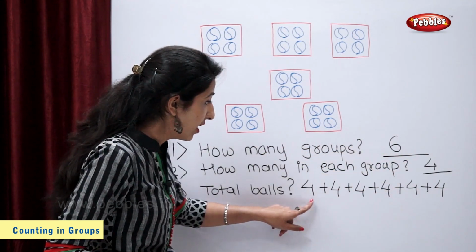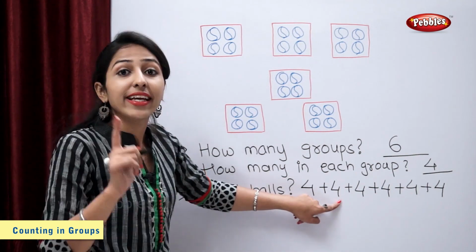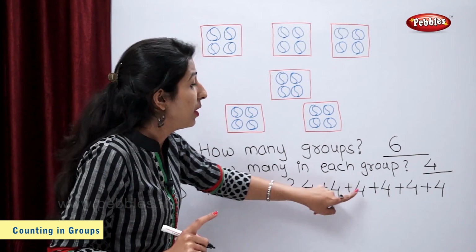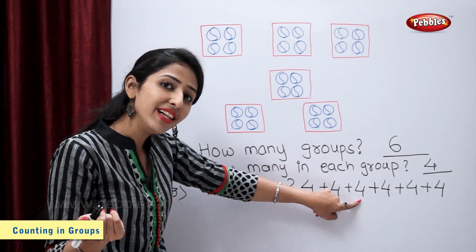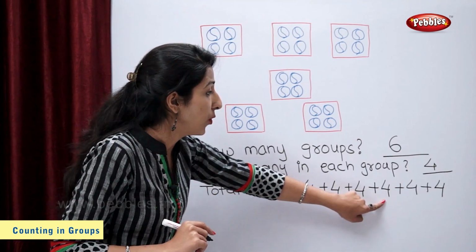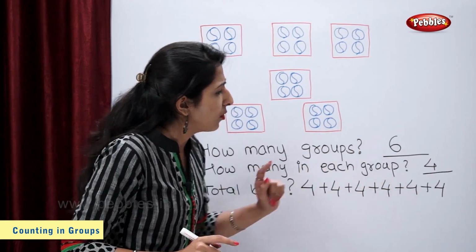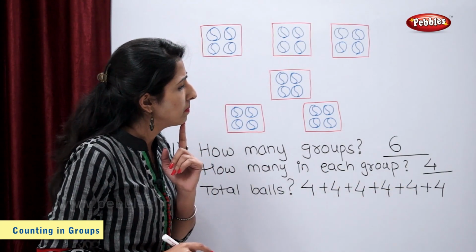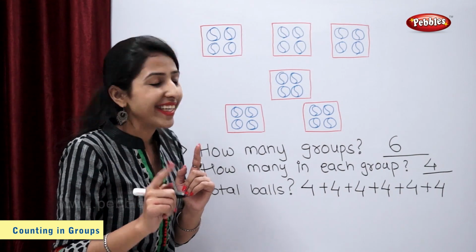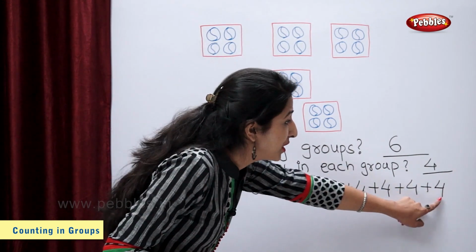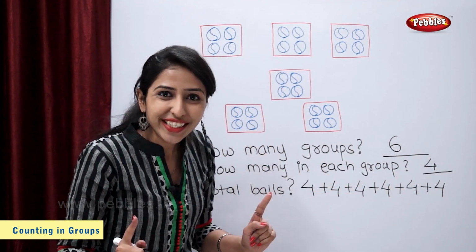So 4 plus 4 is 8. 8 plus 4 is 12. 12 plus 4 is 16. 16 plus 4 is how much? 20. 20 plus 4 is 24.